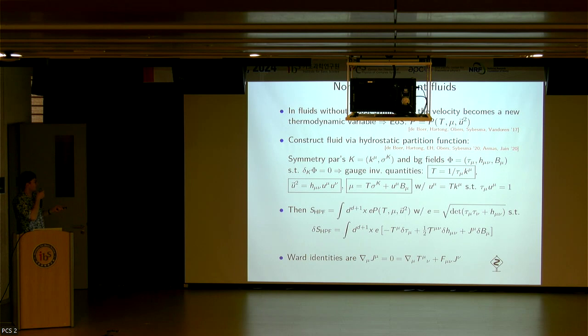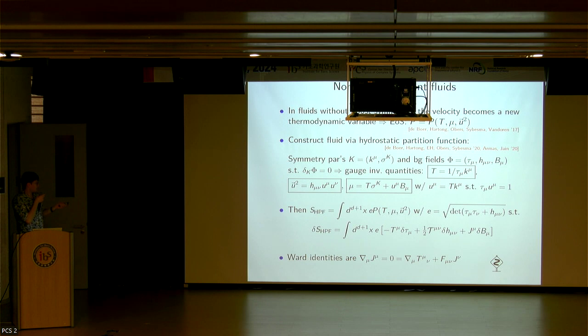So for example, the symmetry variation of τ would just be the Lie derivative along k, of τ with respect to k, while the symmetry variation of p will involve the U(1) gauge transformation as well.